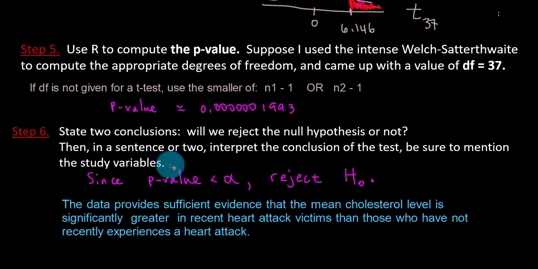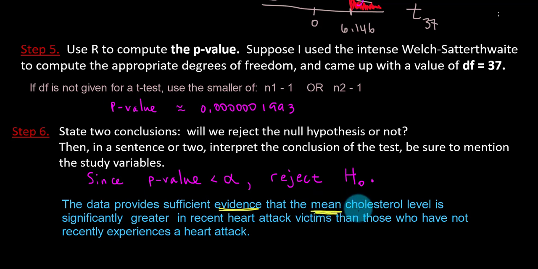Let's highlight or emphasize certain aspects of this sentence. We are not proving that individuals who experienced a heart attack recently have higher cholesterol levels. We are not proving that. But the data provides evidence in support of that statement. We are inferring to a population parameter. That is what this mean is referring to. That is the population mean.